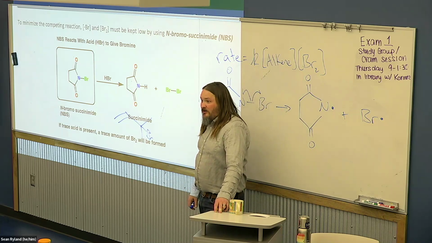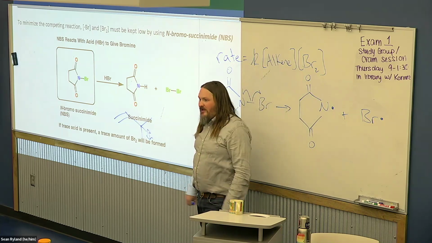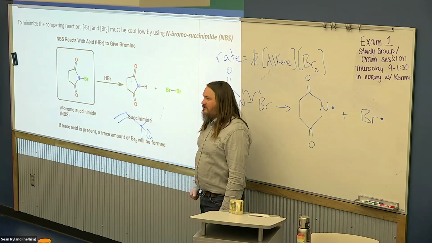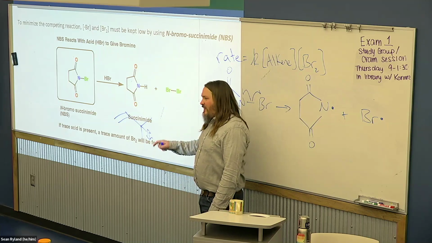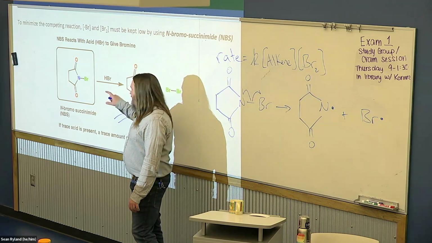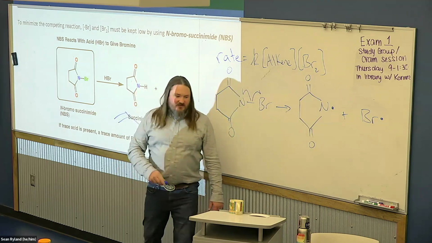If you do it in the dark, literally keep light away from it, then you will actually build up measurable amounts of bromine, and then you can get it to go through the addition process. But if you shine light on it, that never happens.